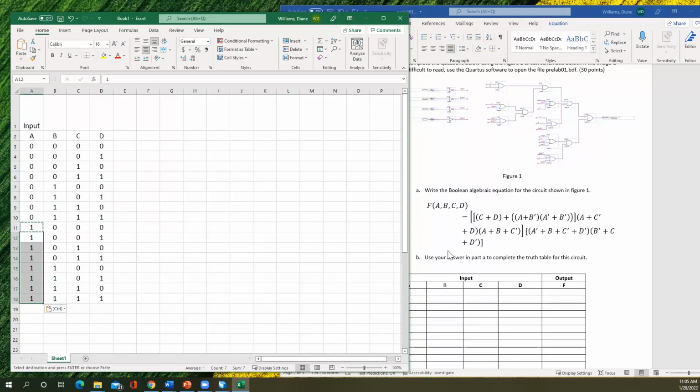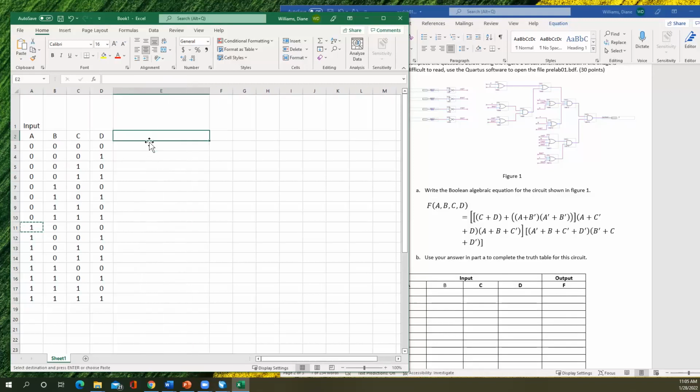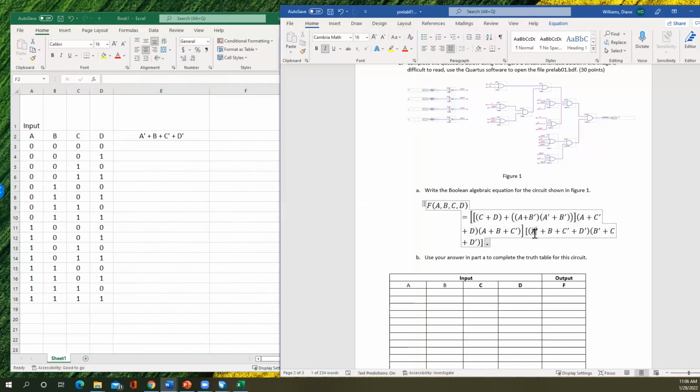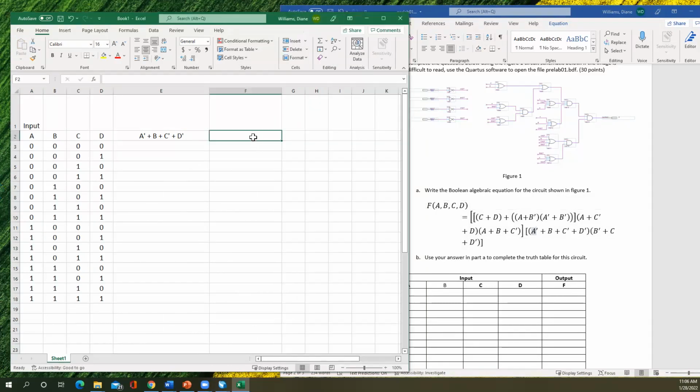Let me work with the A naught, or B, or C naught, or D naught term. That's going to eventually be ANDed with the terms on the right: B naught ORed with C, ORed with D naught.